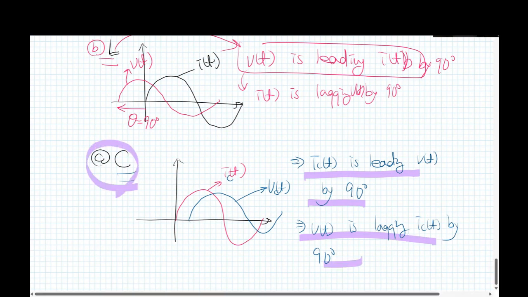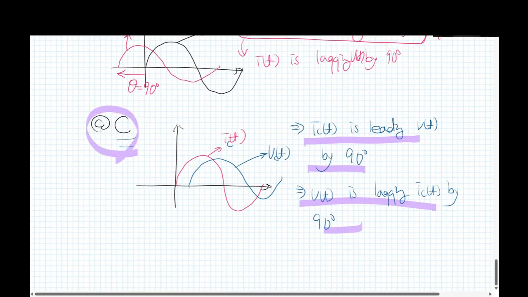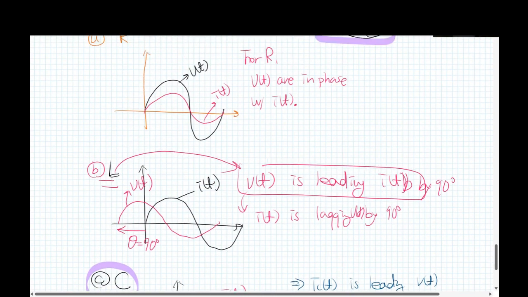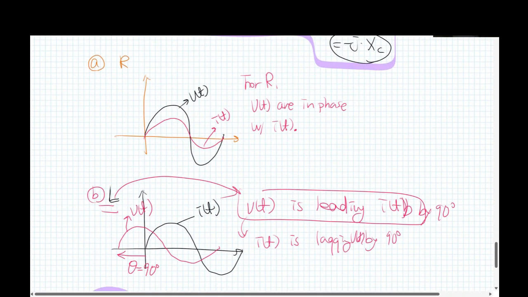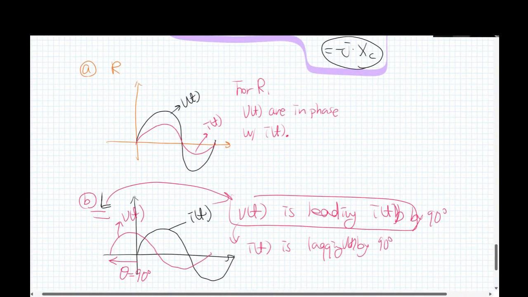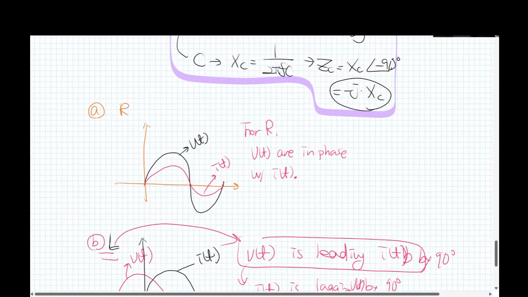For the capacitor cases. So for lab 7, you have to know about the two concepts, okay? Depending on the three different basic elements, there is leading or lagging in the phase relationship between voltage and current.